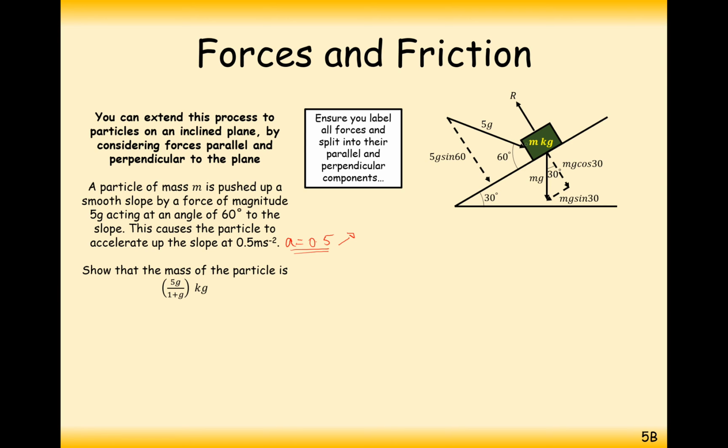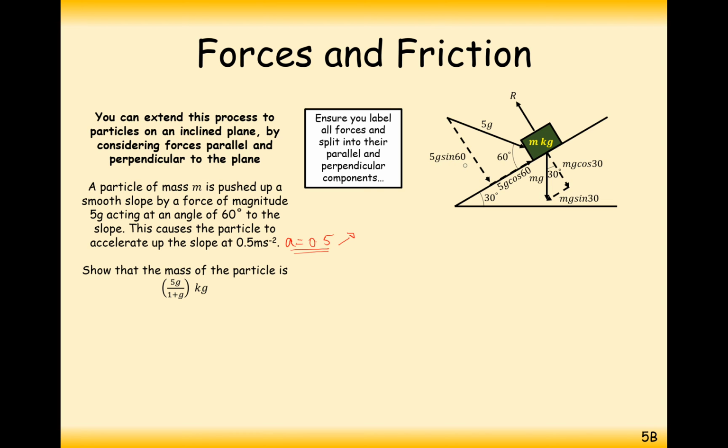Remember, when you resolve any force, that force is going to be the hypotenuse on a right angle triangle. And remember, we're going to be looking to resolve the forces going up and down the slope and perpendicular to the slope, so this is what your diagram needs to look like.